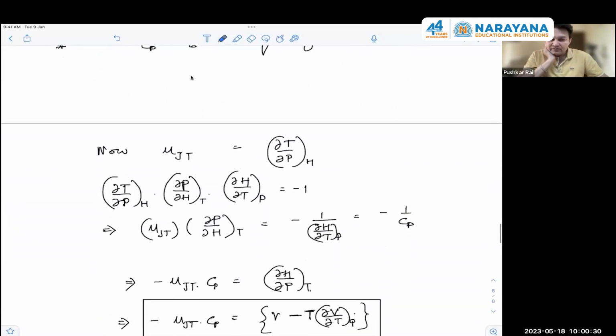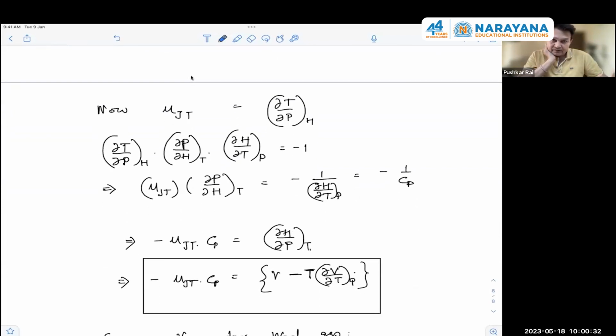Now coming on to this mu JT part. Mu JT becomes what? Del T by del P at constant H. Once again, we will apply the same rule. T, P, and H: del T by del P at constant H into del P by del H at constant T into del H by del T at constant P must be equal to -1. What useful quantity can you see here?